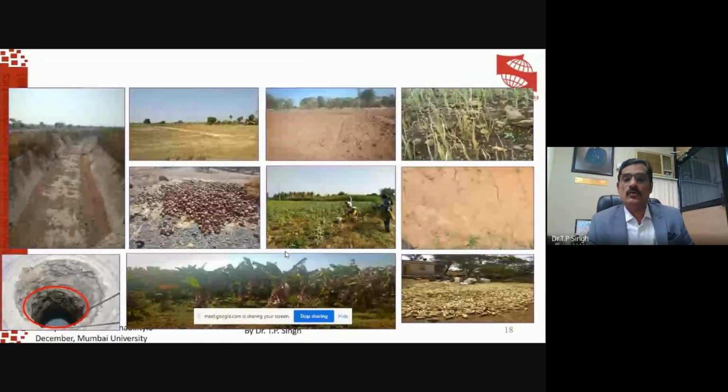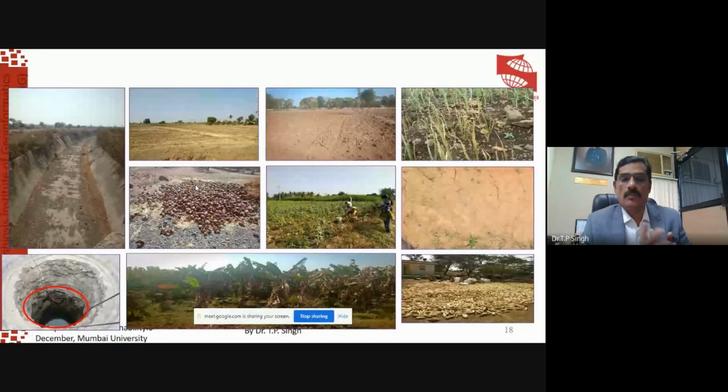You can see the area which I showed you in the previous slide, where the red color was there, and we have taken photographs of those areas in the Marathwada region, basically in the Beed region. You can see that water circulation in that area was not there. Canals are dried.